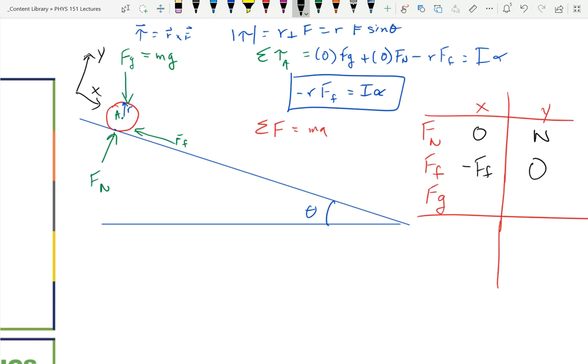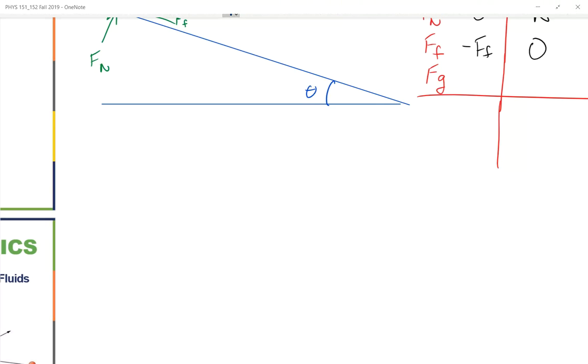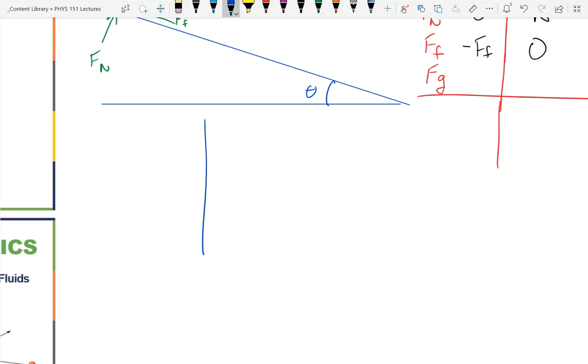Sine theta. The people who said that are correct, but I'm going to show you why. If you're doing it on the test, you need to do it. So we draw our vector, magnitude of mg, parallel to the y-axis from one side, parallel to the x-axis from the other. The components start at the end, going to there, going to there. It makes a right triangle. The x component is that side, y component is this side.